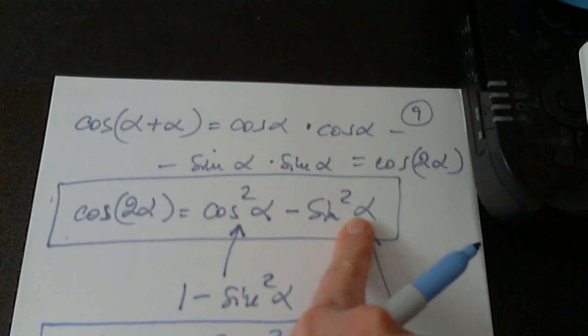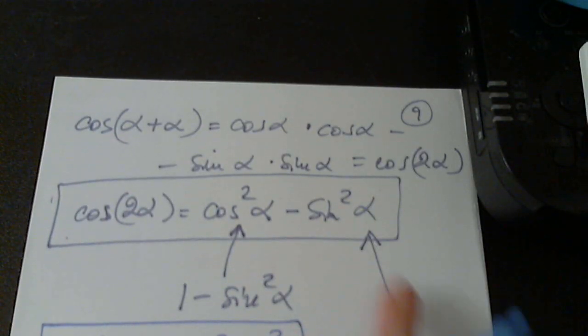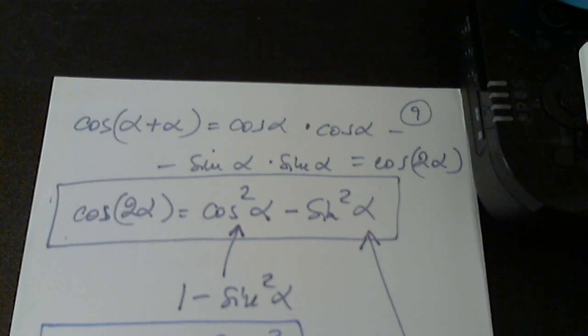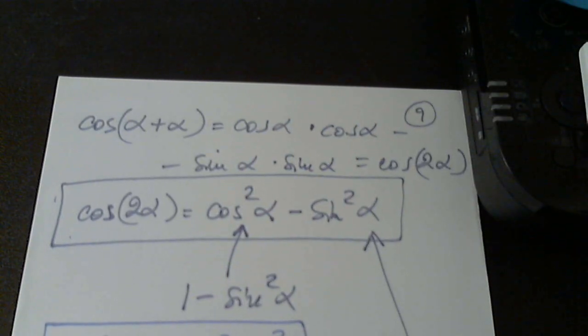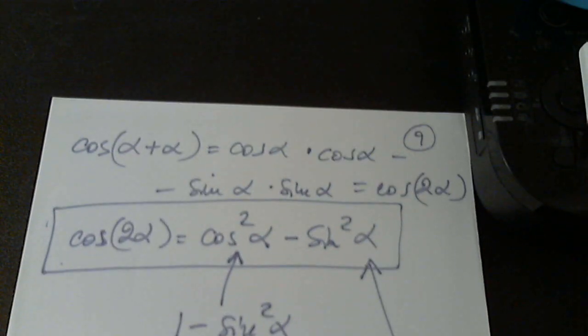And when I replace this by 1 minus cosine squared, I have minus 1 plus. So the other form, the last form, cosine twice alpha, is 2 cosine squared alpha minus 1. So this is coming from cosine alpha plus alpha.